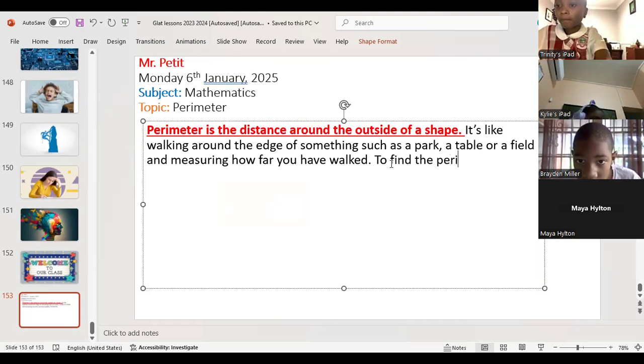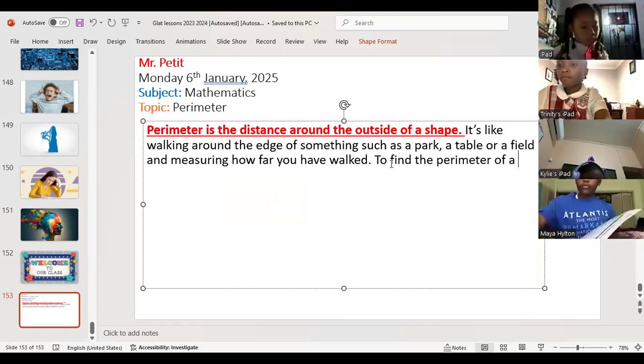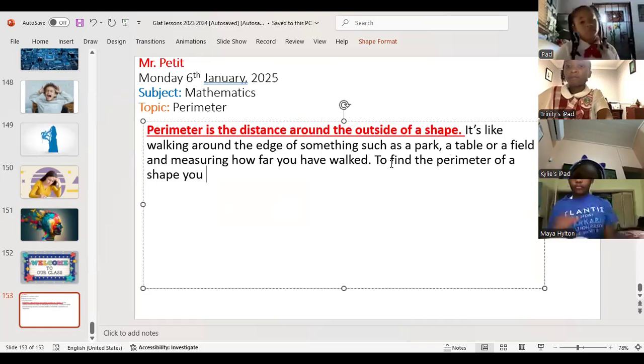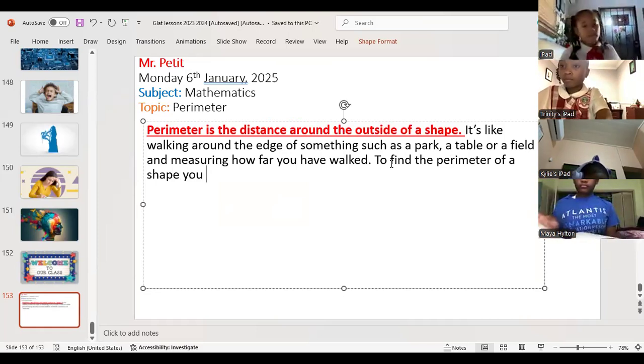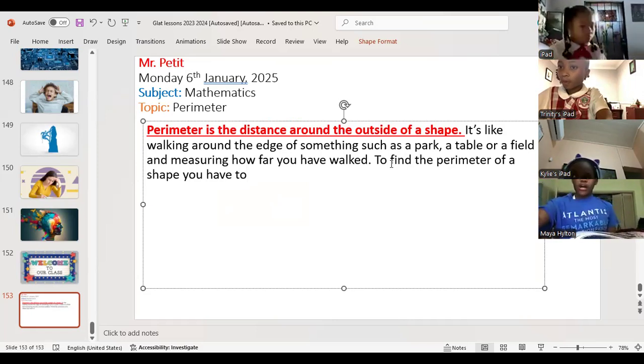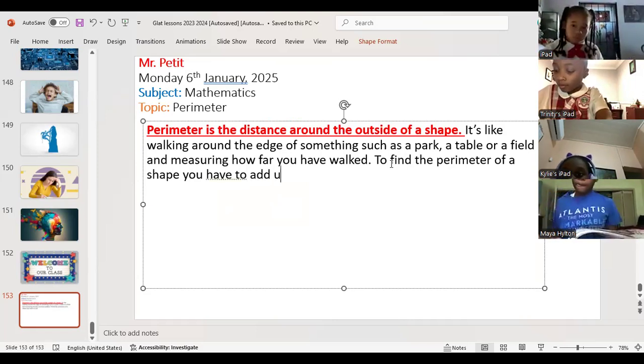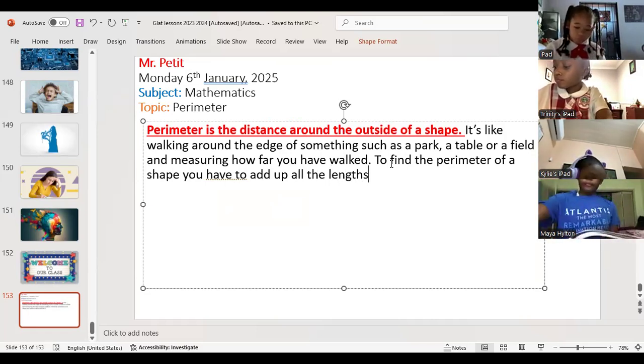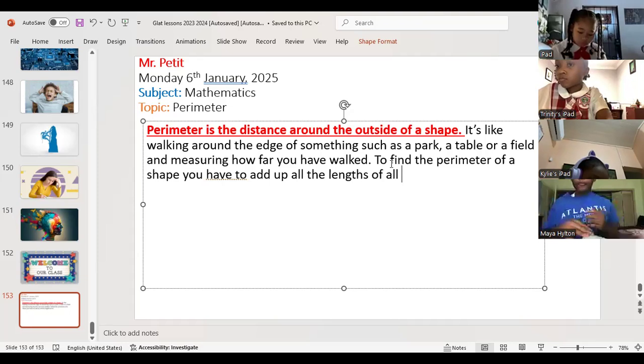Good. To find the perimeter of a shape, you have to do what? Add up all the sides, right? So all the lengths of all its sides.